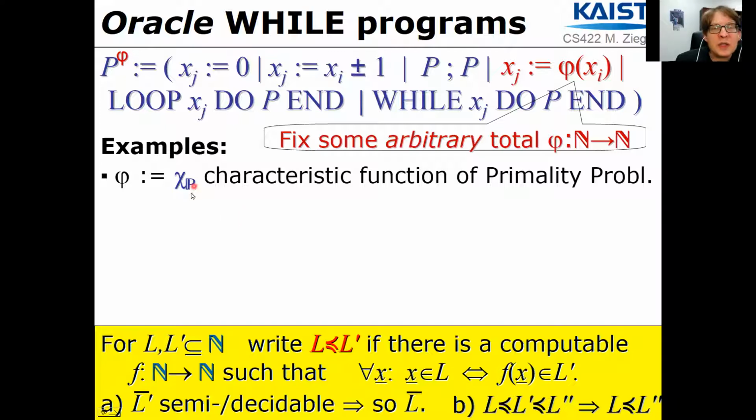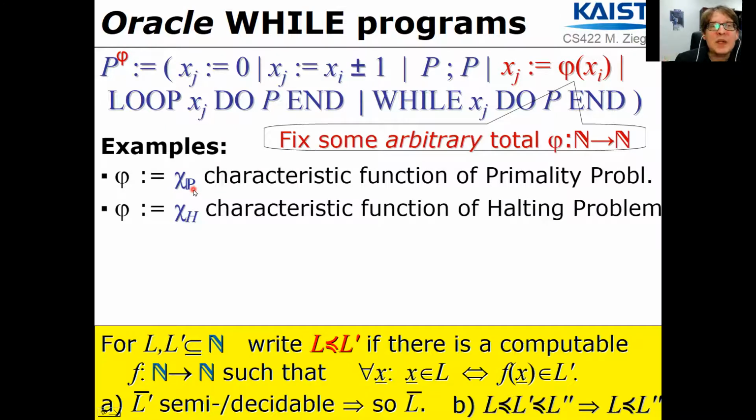So the characteristic function of prime numbers is 0 for 1 and 4 and 6 and 8 and 9 and 10, whereas it is 1 for the prime numbers 2, 3, 5, 7, 11, 13, and so on. So the primality problem, a decision problem, is now converted into a function problem, namely a characteristic function.